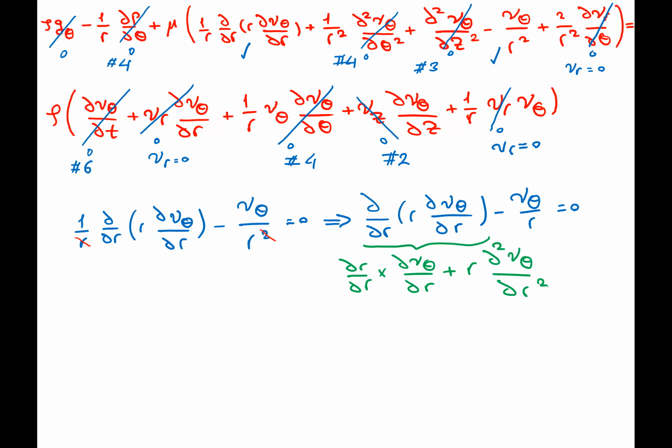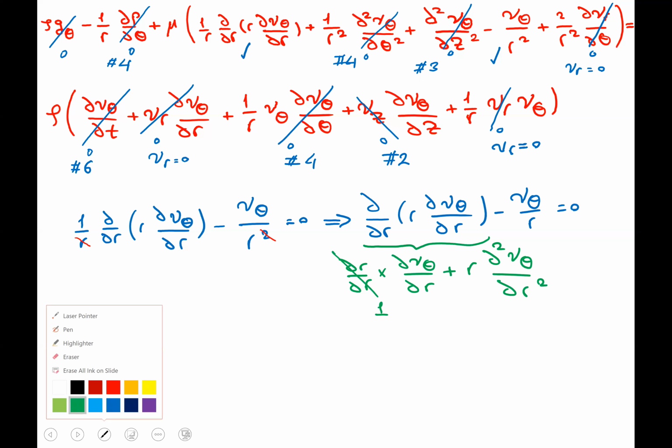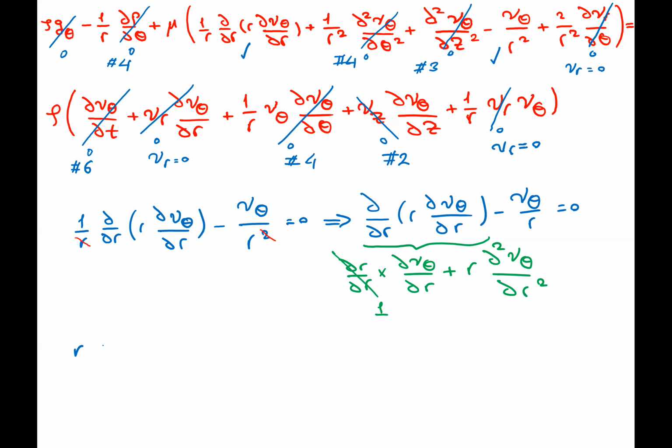So we can simplify that as this, and obviously this term here is 1, right? So we are left with these 3 terms: r times the second derivative of v theta with respect to r, plus the first derivative of v theta with respect to r, minus v theta over r.